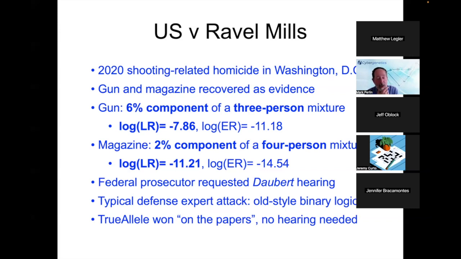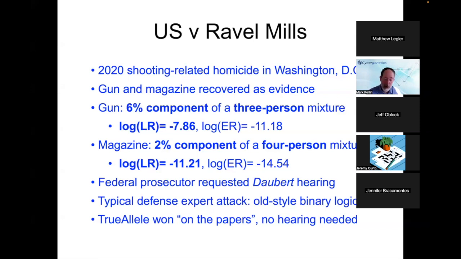The federal prosecutor requested a Daubert hearing. He retained an expert. And the expert concocted an amazingly interesting argument. In some sense, it was new, but in some sense, it was old.